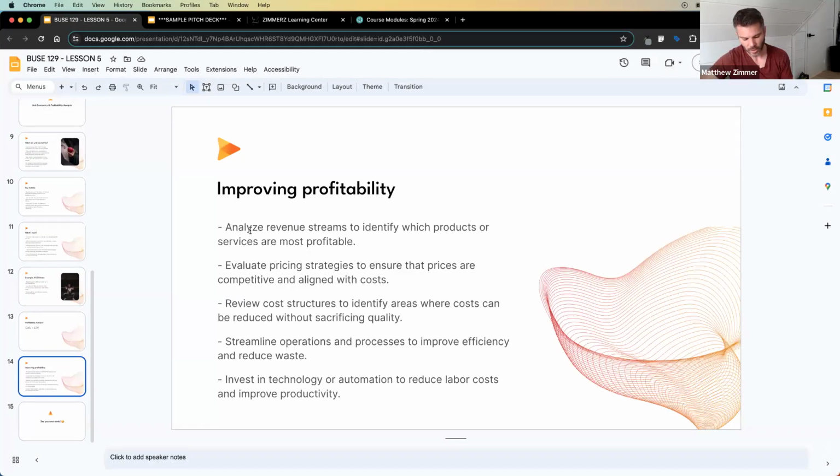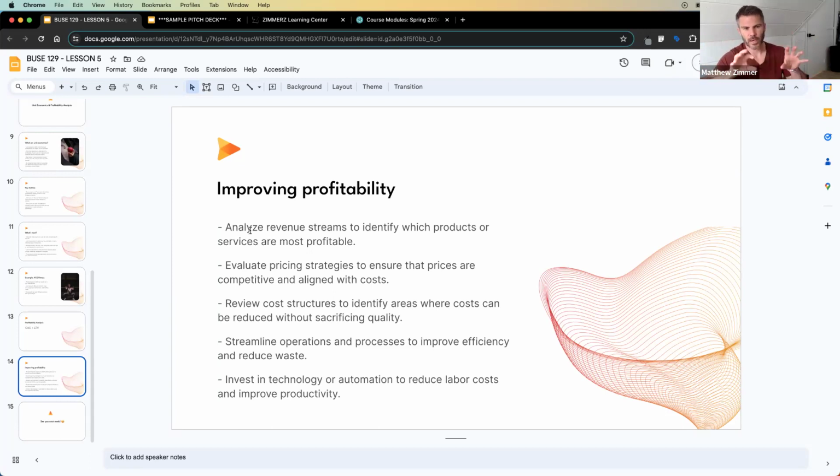So if we're able to track unit economics, if we launch an advertising campaign and we're able to analyze data that says, hey, this advertising campaign caused this specific unit to sell more, or people paid more for it, or something like that, we can say, hey, we should run more of that type of advertising because that directly allowed us to increase our profitability.